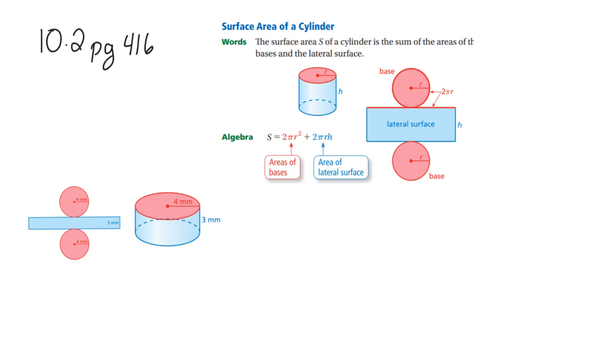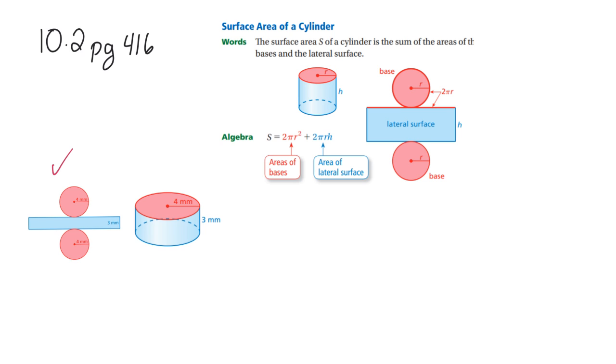Okay, so now I'm going to just keep the definition and the formula up there so we can look at it for right now. But over here, this is the problem we're doing. We are trying to figure out the surface area of this cylinder. Let's start by figuring out the area of the bases, and we know the area of a circle is pi r squared, right?